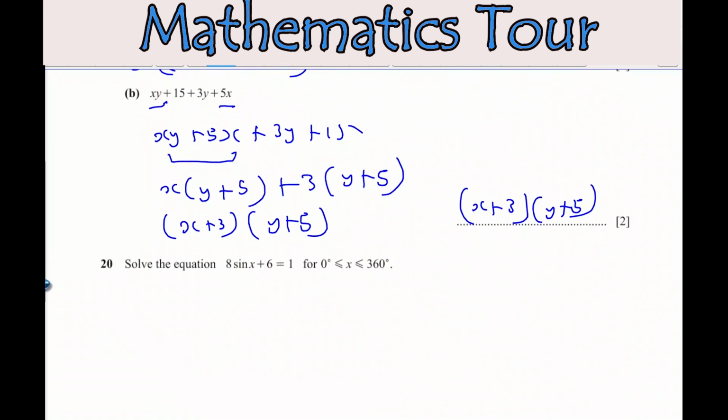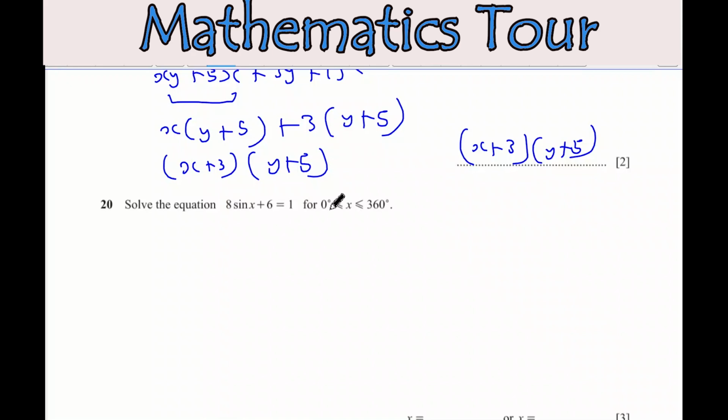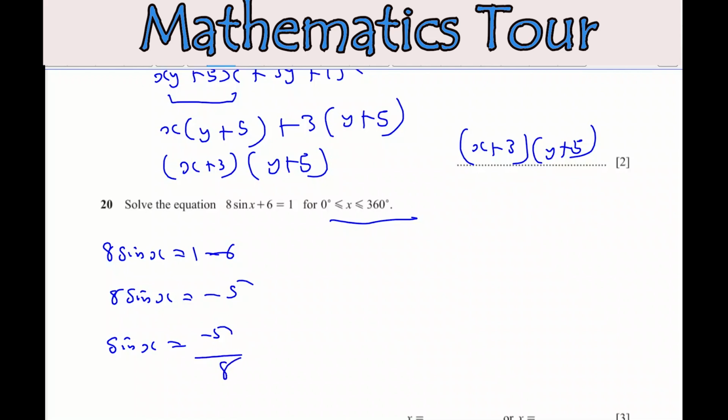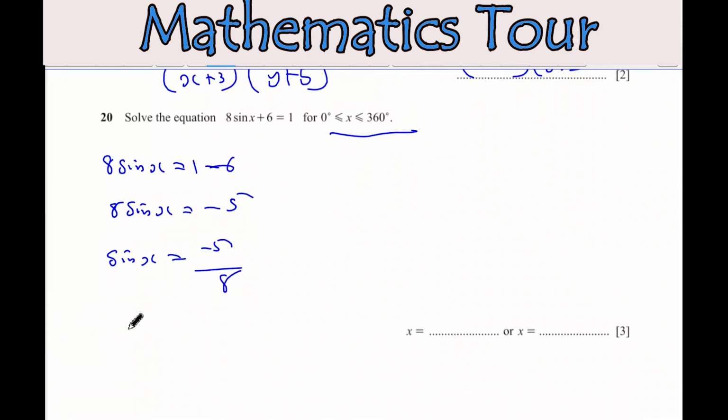Question 20, solve the equation this. 8 sine x plus 6 equals 1 for the given range. So it will be 8 sine x equals 1 minus 6. So that will be 8 sine x equals negative 5. Then sine x equals negative 5 over 8.